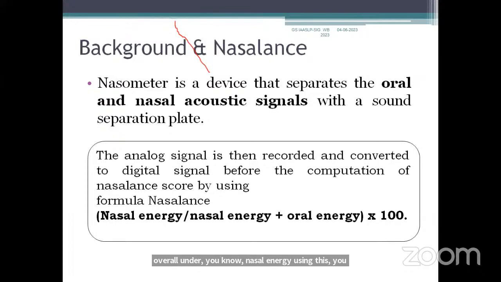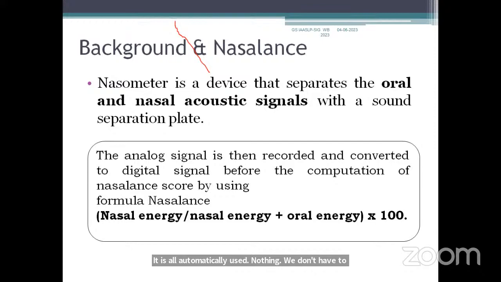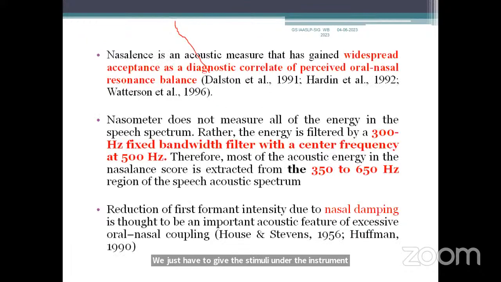It is calculated using a formula: nasal energy divided by nasal energy plus oral energy, times 100. This is the basic formula. It is all automatic, we don't have to do anything. We just give the stimuli and the instrument gives us the information on the nasalance.